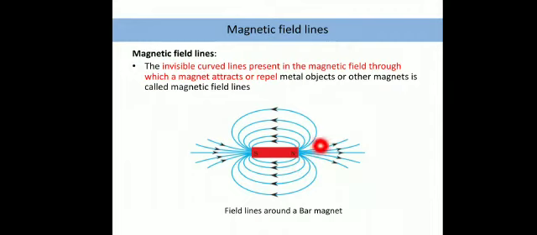A magnet is also known as a dipole. At the poles, the force of attraction of a magnet is very strong, because there are so many magnetic field lines very close to each other. Therefore a magnet has its strongest force of attraction near the poles.